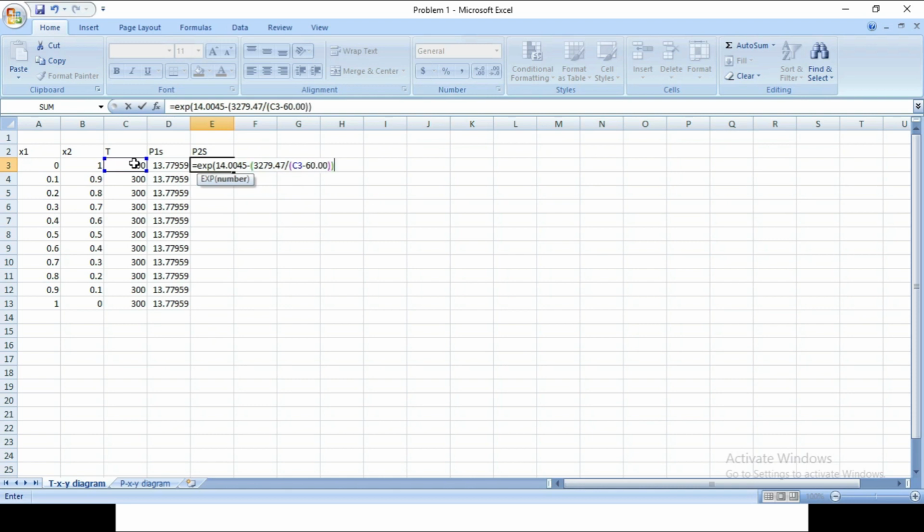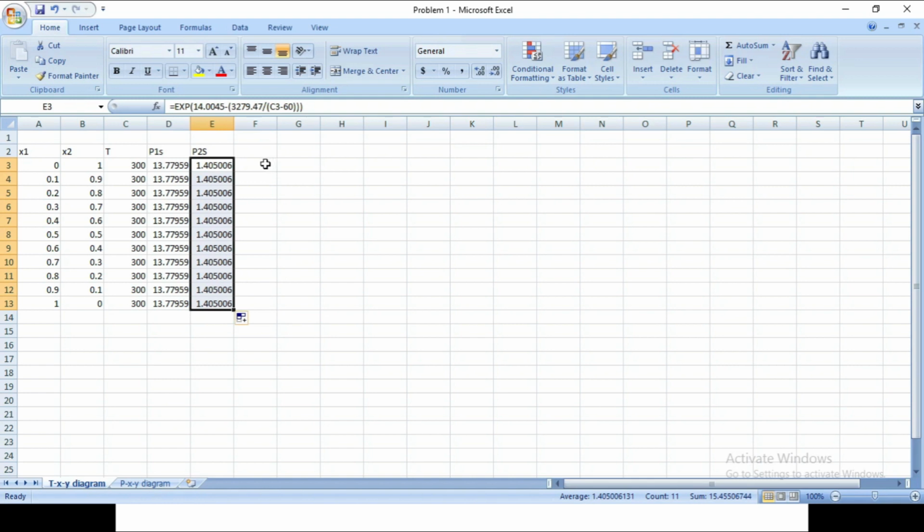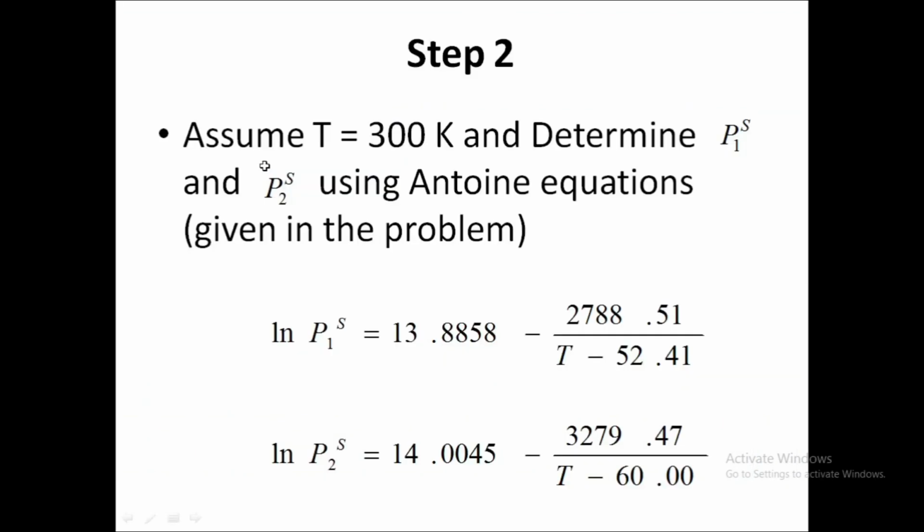Close the bracket, close the bracket, again close the bracket. We have successfully completed step number 2.